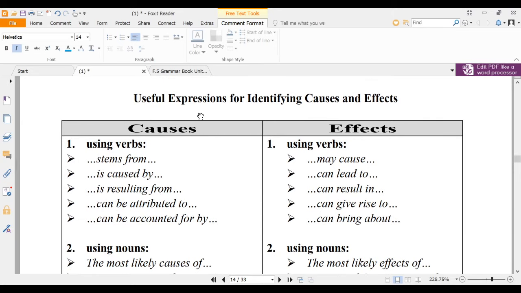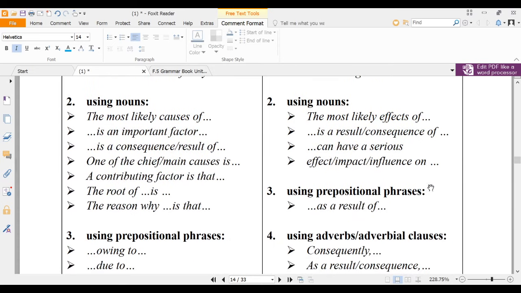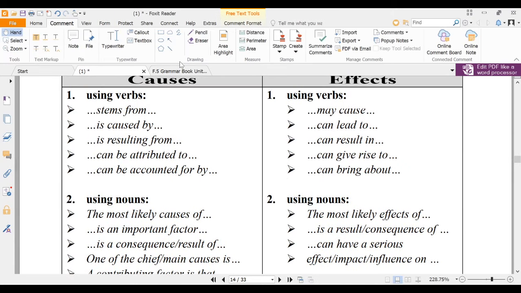So it comes to some useful expressions for identifying causes and effects. These are quite good words, but they are a little bit difficult. These words are a bit difficult, but there are some that you can use.